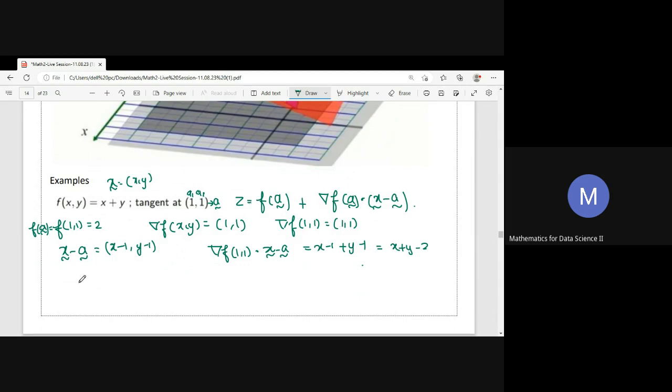Now what is your z? Your z is f of a tilde, which is 2 plus x plus y minus 2, which is x plus y. So this is the equation of the tangent plane for this function at 1 comma 1.